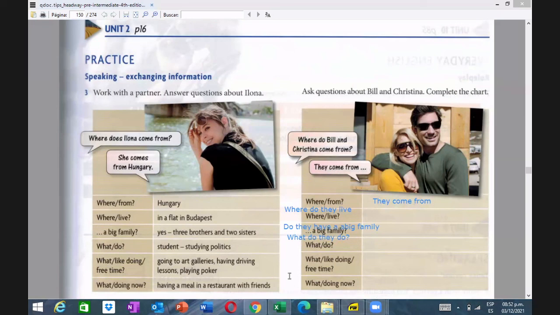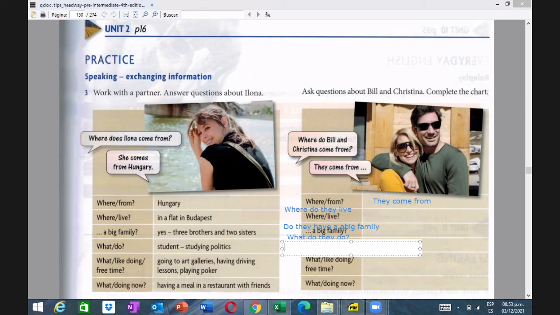Galia, please. What's the question here? Galia? Miss, la pregunta número 5, ¿verdad? Yes, come on. What do they like going in free time?